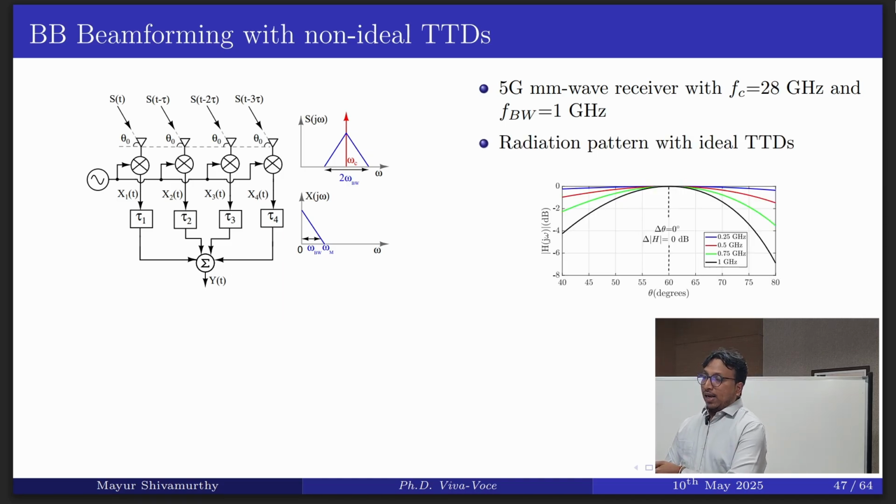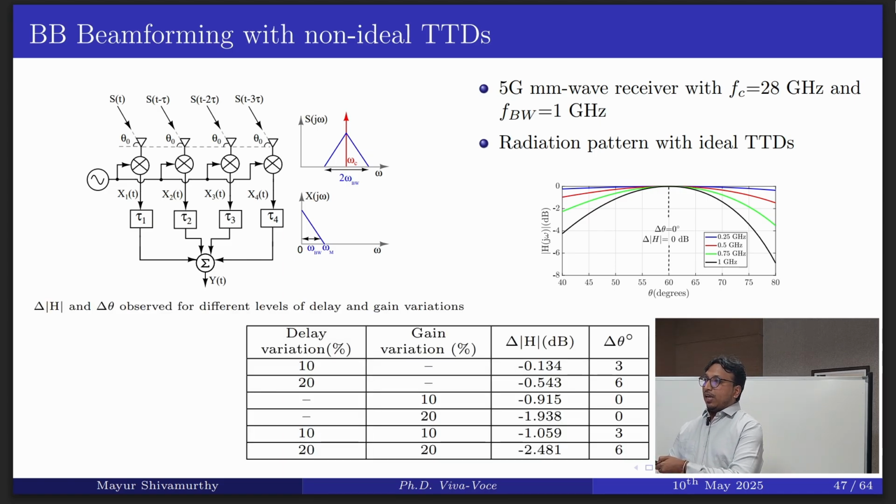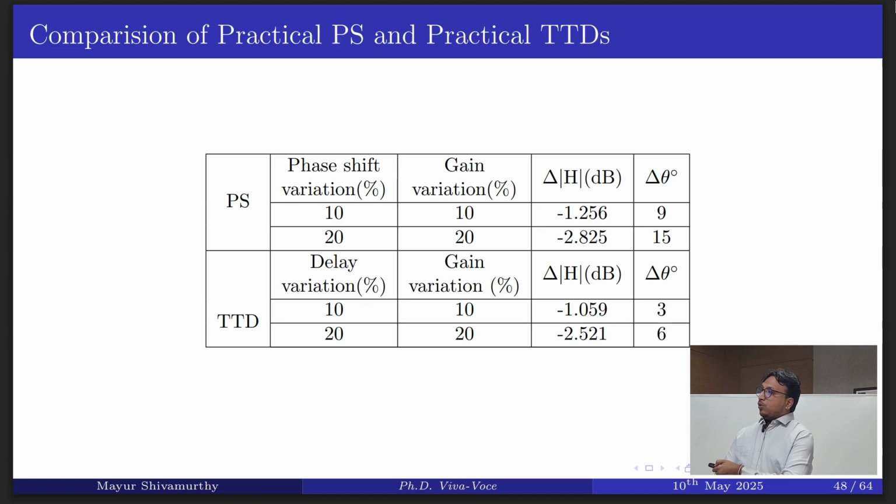With ideal TTDs, it is expected that there should be no beam squint, but with different delay variation and gain variation and their combined effect, we do see a certain amount of beam squint with these non-ideal TTDs. So it can be observed that even the TTD offers a certain amount of beam squint at the overall system level architecture.